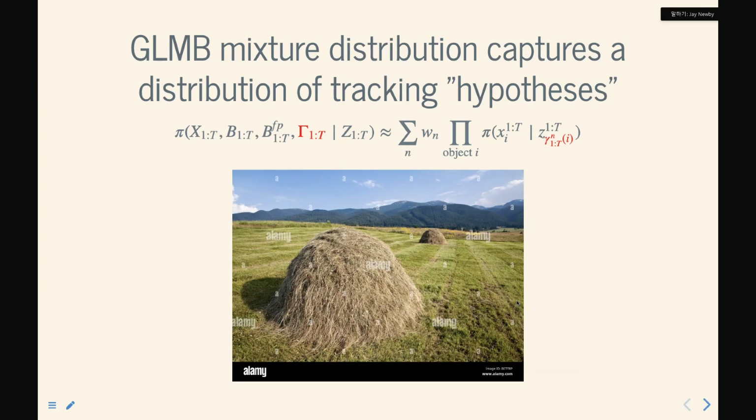Remember, I told you I want a whole bunch of hypothetical track sets, each one ranked by how likely it is. Well, this is how likely it is, the weight. In theory, this sum over n should be all possible tracks, right?